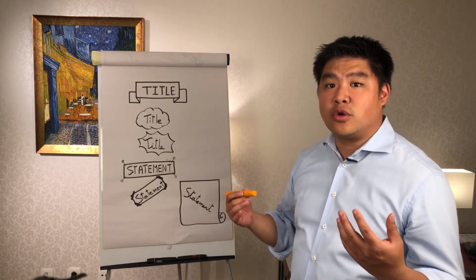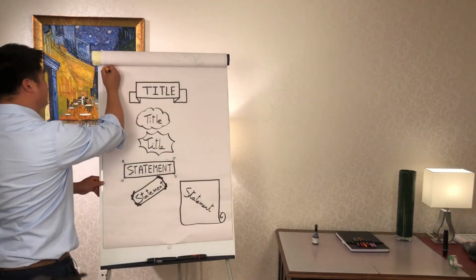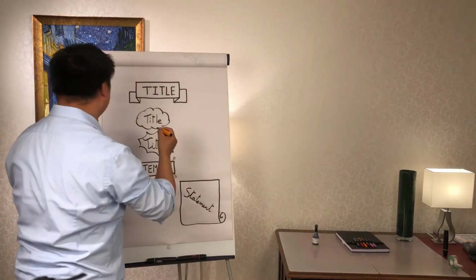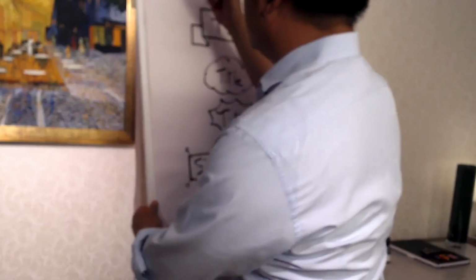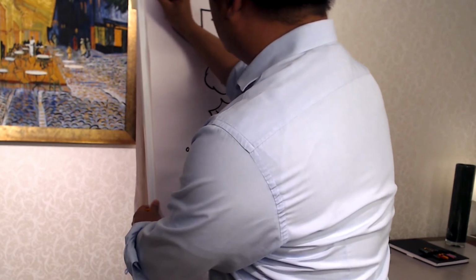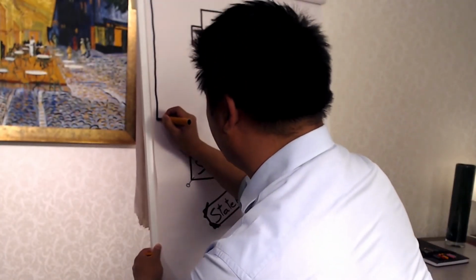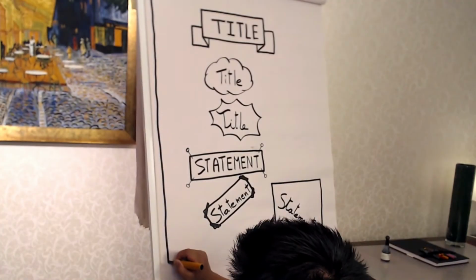Now, it's good practice to make a giant box enveloping the whole flip chart. The idea is to close the flip chart. And how do you do that? So my method is I start just like the box on the left hand side, because I'm right-handed.